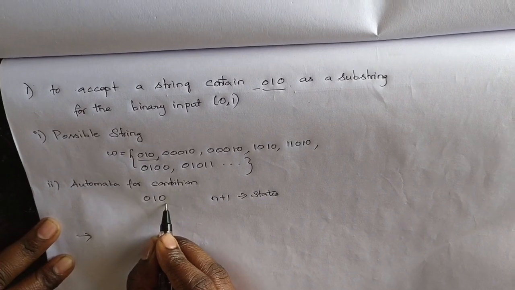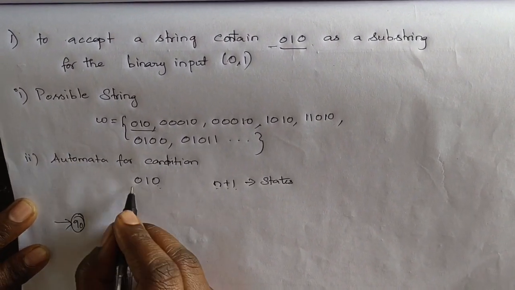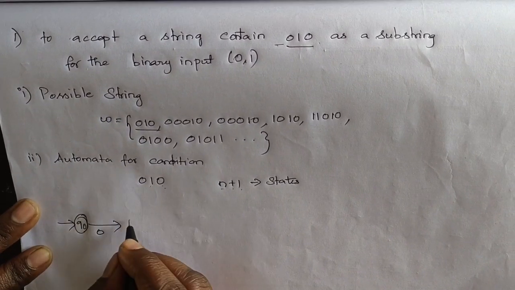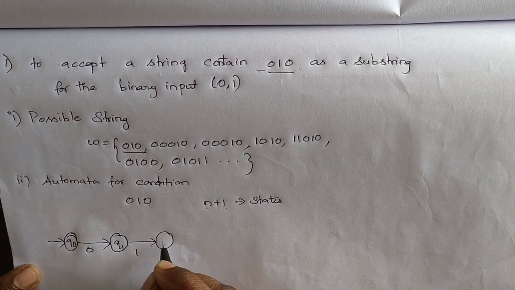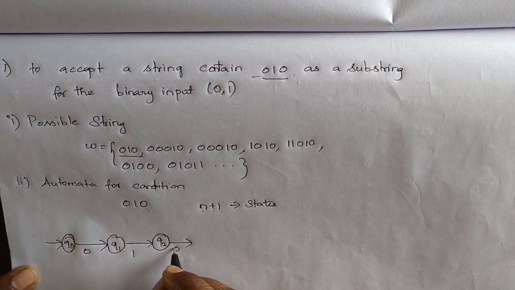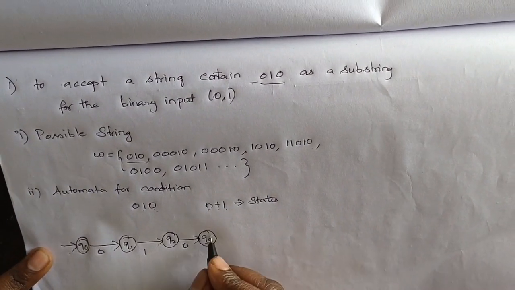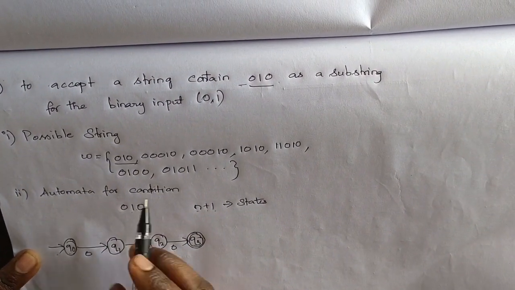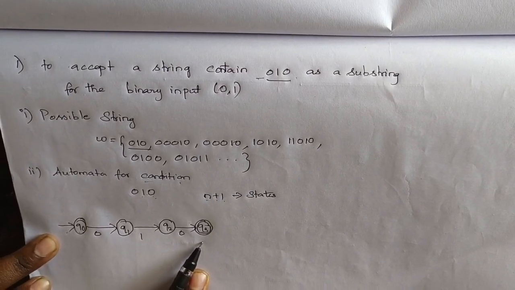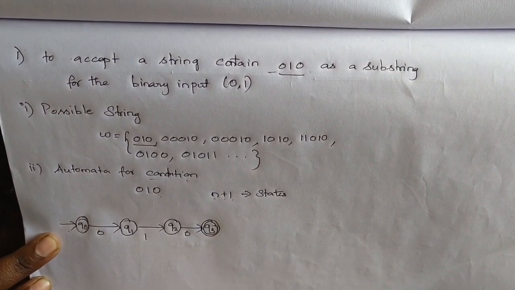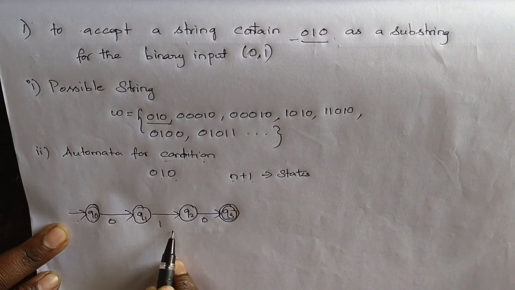So if there are 3 inputs, we have 4 states. Q0, the first input is 0, then Q1, the second input is 1, then Q2, the third input is 0, then Q3. Here Q0 is the initial state and Q3 is the final state. The initial and final states do not change for the maximum one. So this is the minimum automata possible for 0, 1, 0.